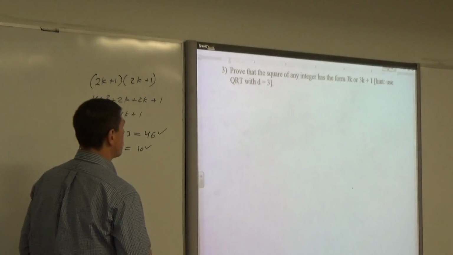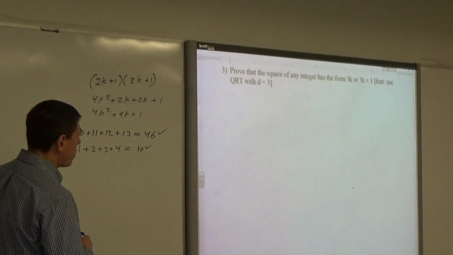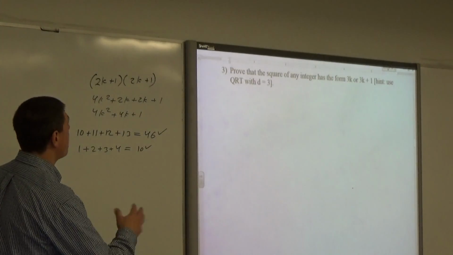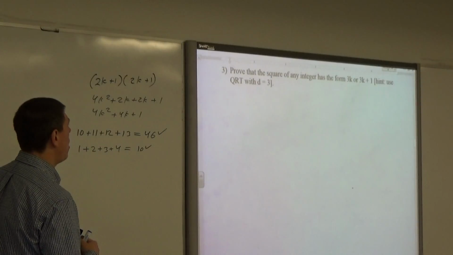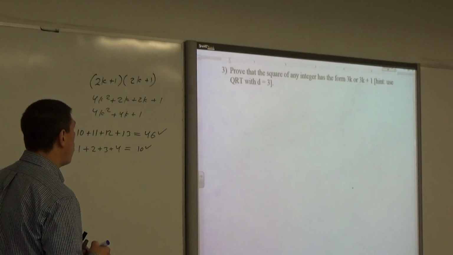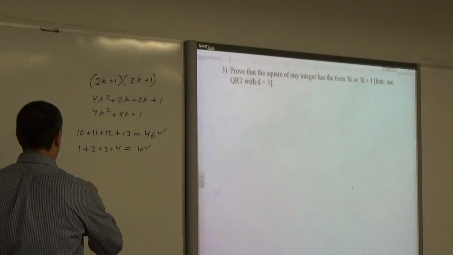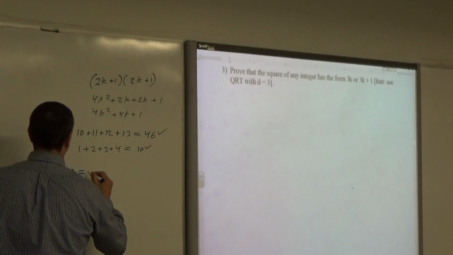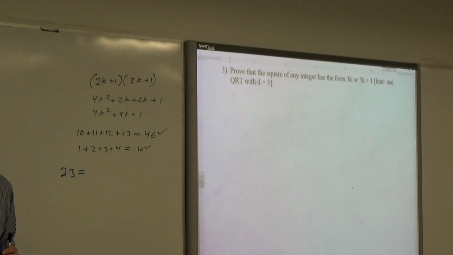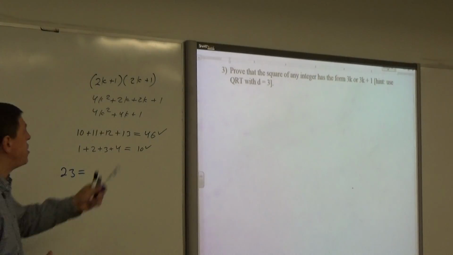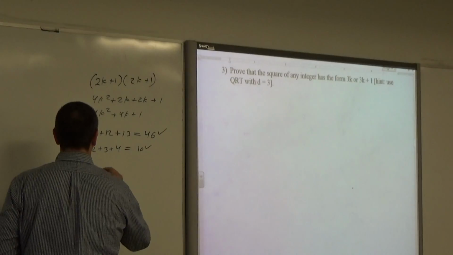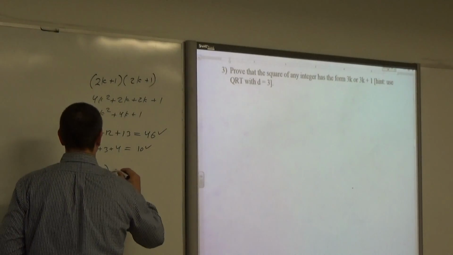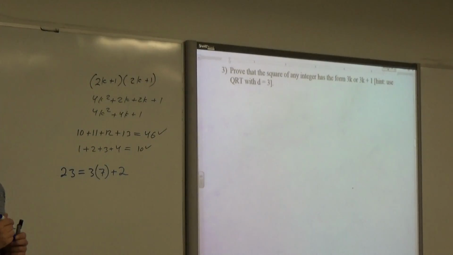Like for instance, I'm trying to think of a number that's not a perfect square that probably wouldn't fit that form, okay? Maybe something like 21, well no, 21 works, but 23, okay? Guys, if you were to use the quotient remainder theorem with d equals 3, wouldn't that be equal to 3 times 7 plus 2, right?